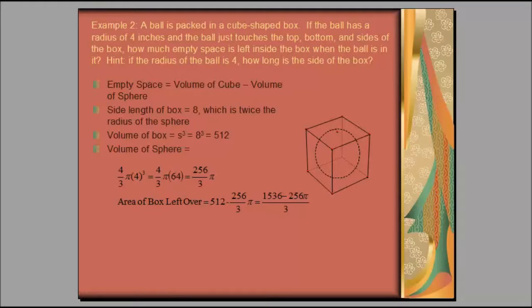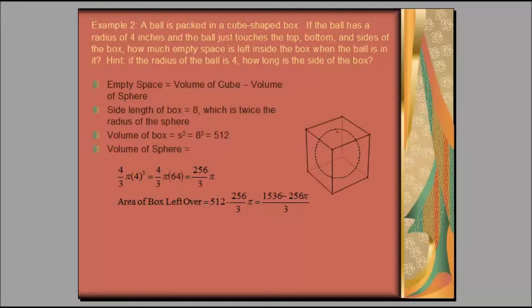The volume of the sphere is 4/3 pi times 4 cubed. 4 cubed is 64. Hence, we have 4/3 pi times 64. This gives us 256/3 pi. Therefore, the amount of empty space in the box is 512 minus 256 pi over 3.